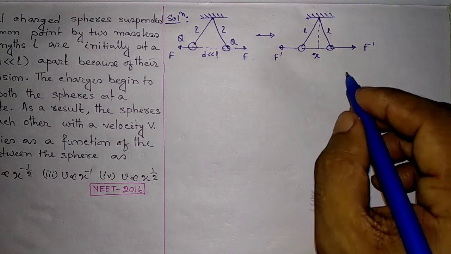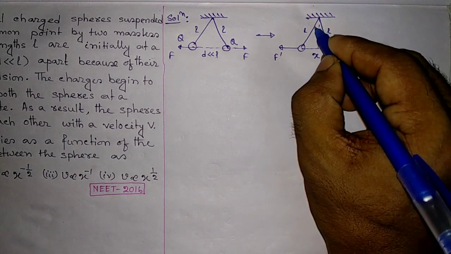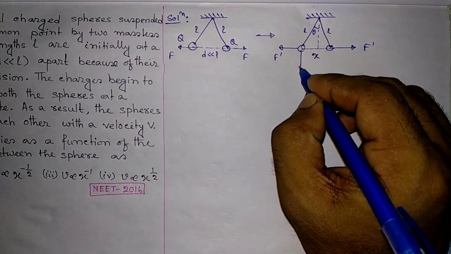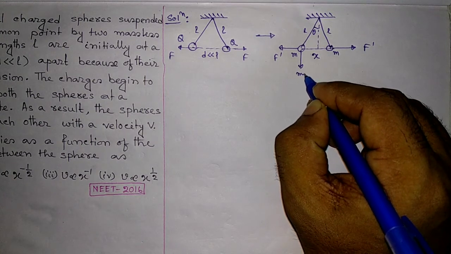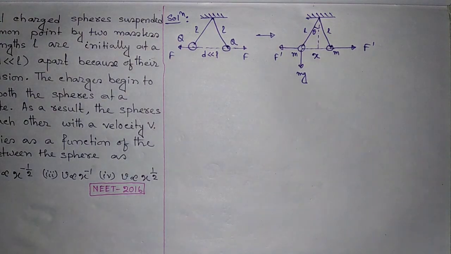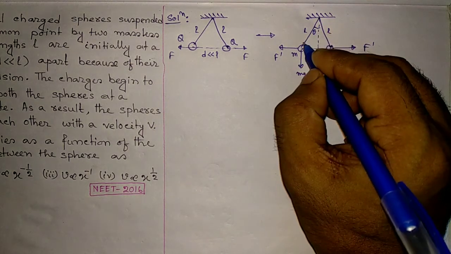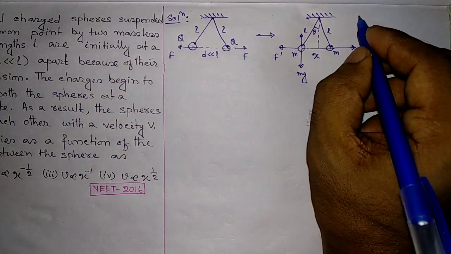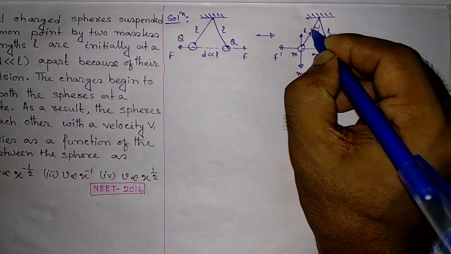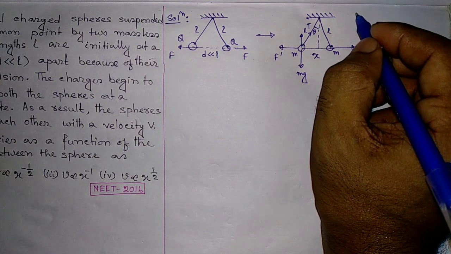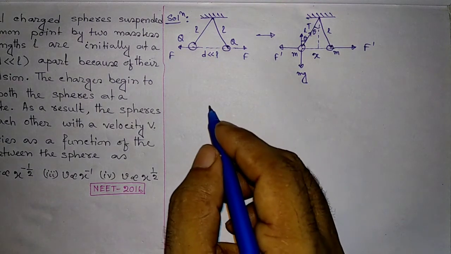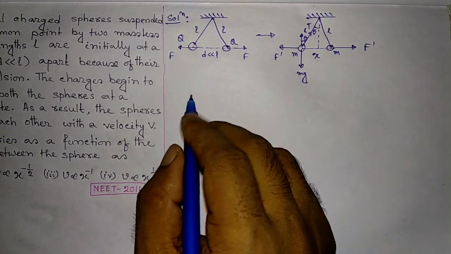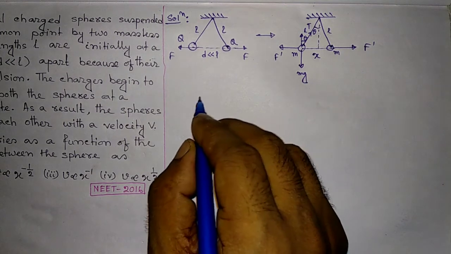Now if it makes angle theta here, and we consider mass m, it experiences a force in the downward direction, which is mg. Then there is the tension force T, making angle theta.